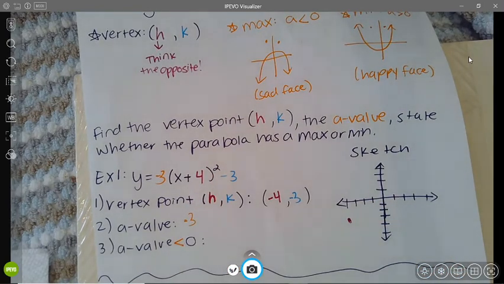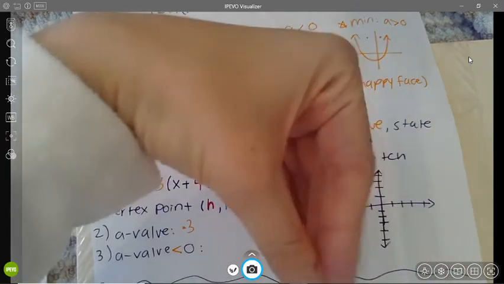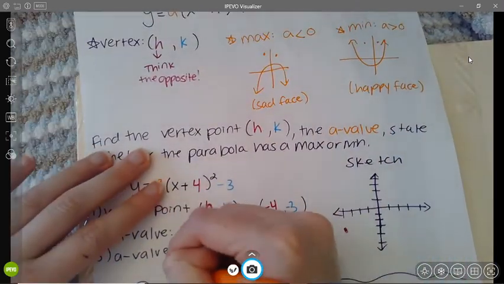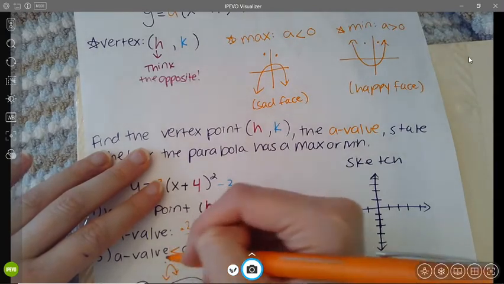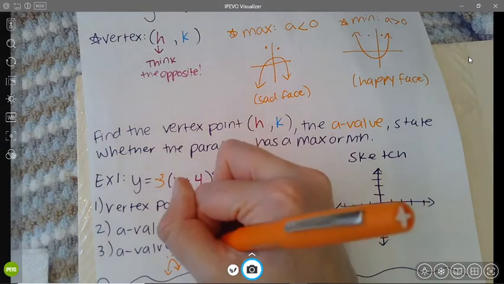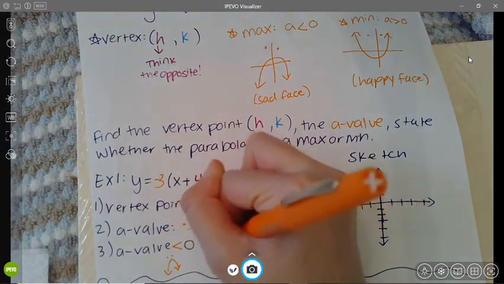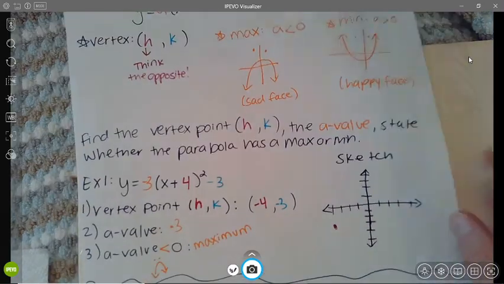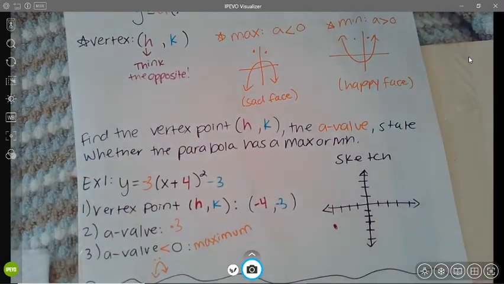So my a value is negative, so my a value is less than 0. When it's less than 0, it's sad, so it faces down, and sad graphs have a maximum. It will face down because it's sad, because it's negative. So since a is less than 0, it will have a maximum. On my graph, I have my vertex point. This is my vertex.